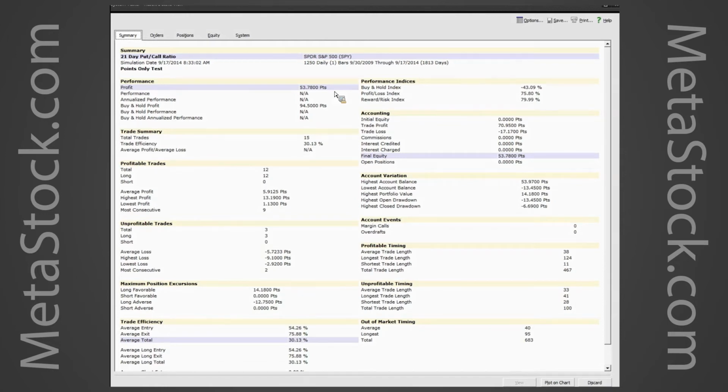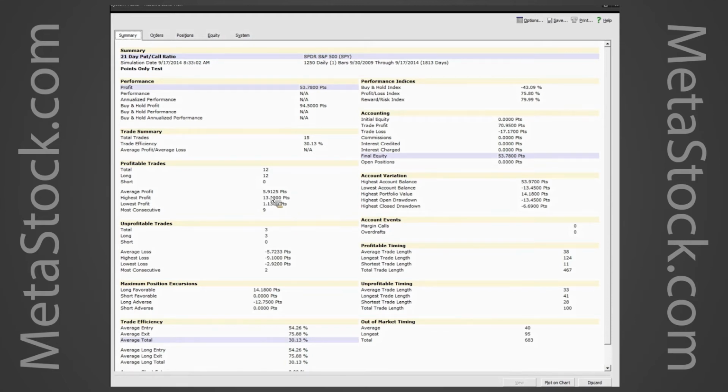The number of points of profit is 53.78. Total number of trades is 15, so it's not producing a large amount of signals. We had 12 profitable trades and 3 unprofitable trades.